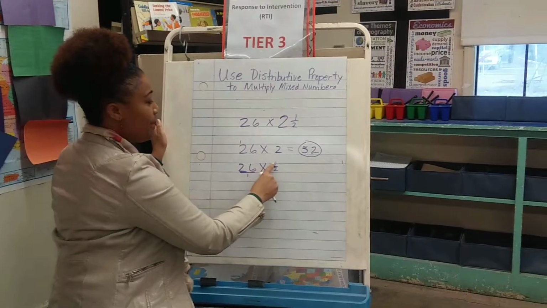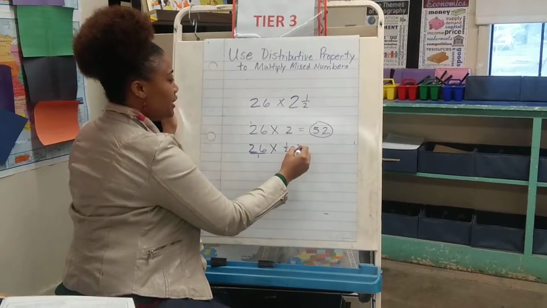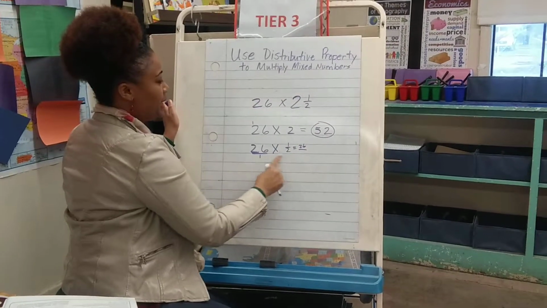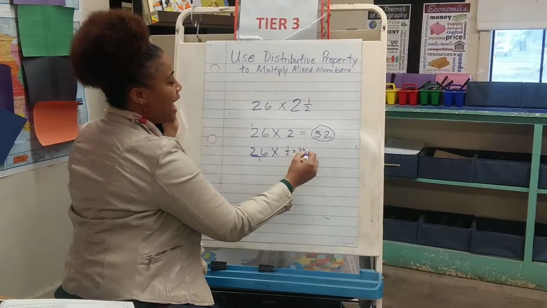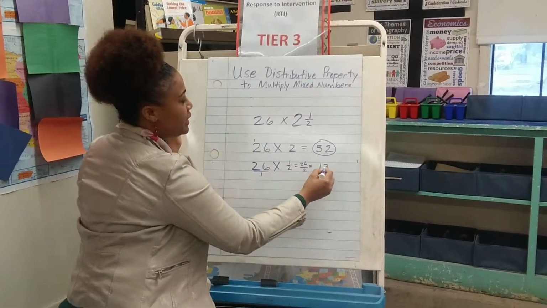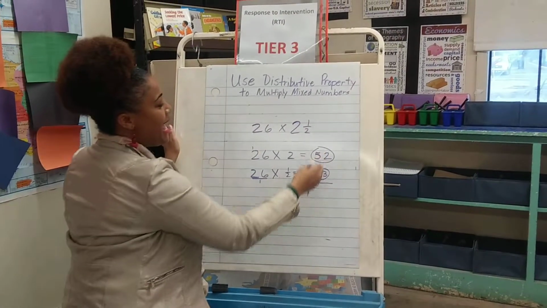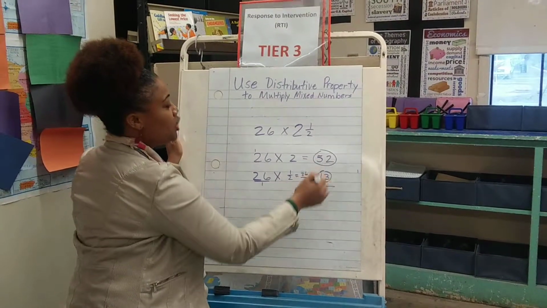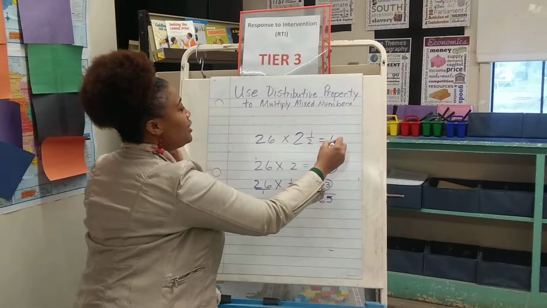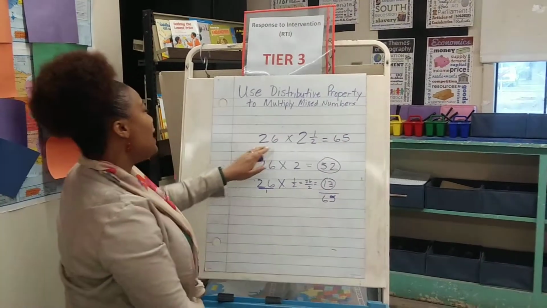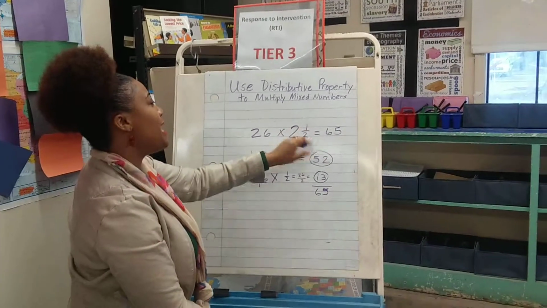Well, 26 times 1 is 26, and 1 times 2, when I multiply denominators, gives me 2. So 26 halves is equivalent to 13. And all I have to do is add the partial products. 52 plus 13 is 65. So using the distributive property, I know that 26 times 2 1/2 equals 65.